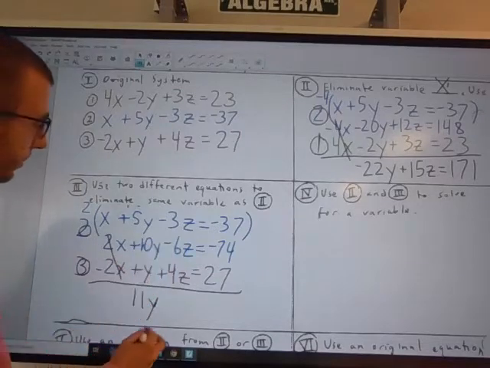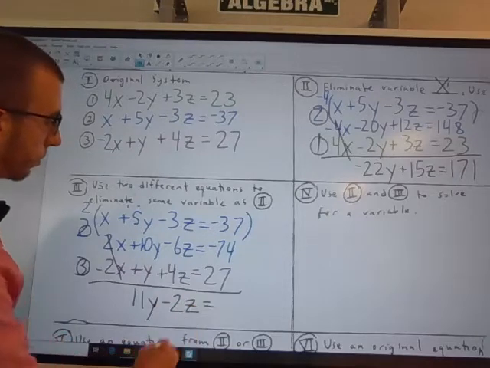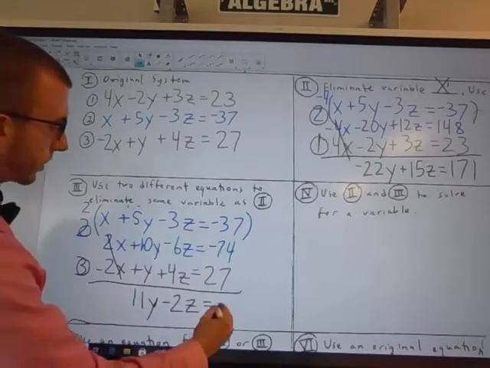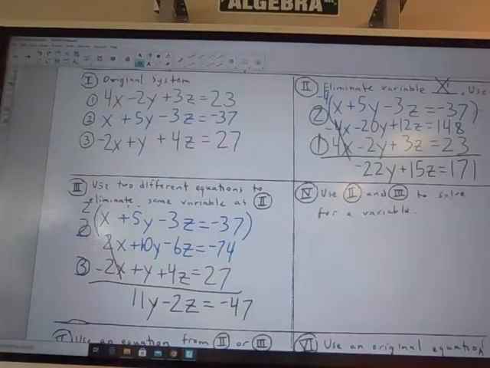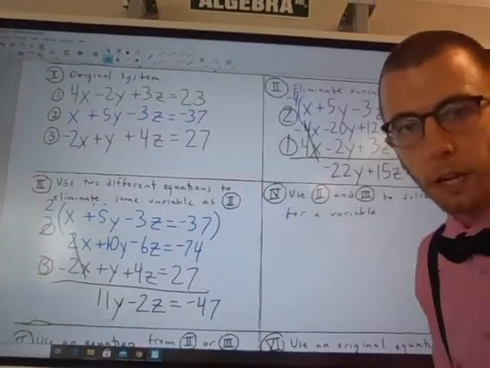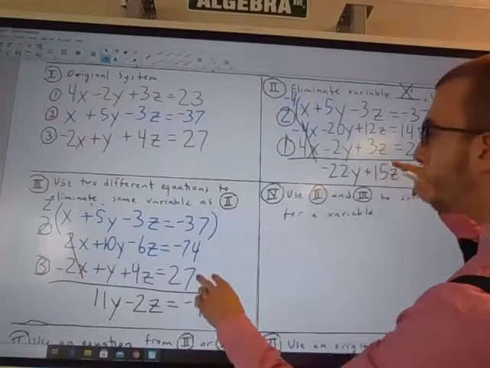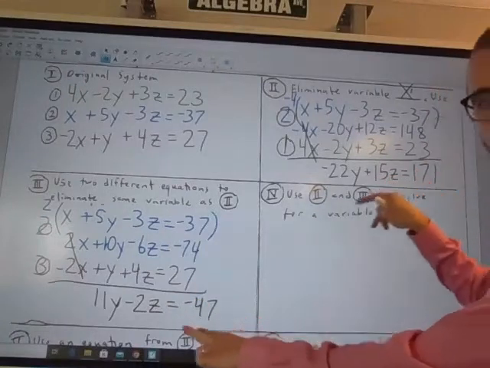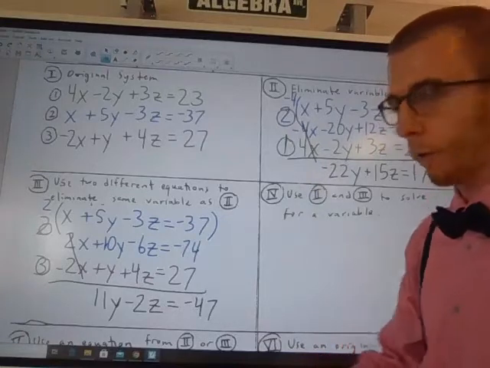Negative 6z plus 4z is minus 2z equals negative 74 plus 27 is negative 47. All right? So looking good so far. I hope it's looking good for you guys too. Okay? We now have 2 brand new equations with only a y and a z. The x's are gone.